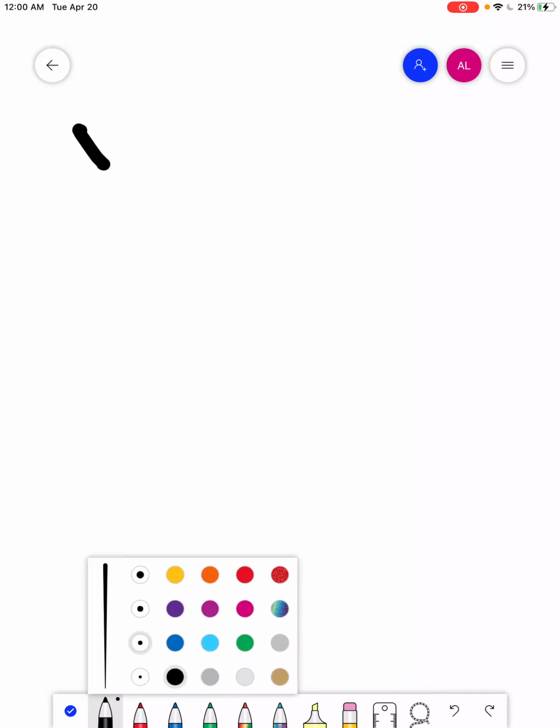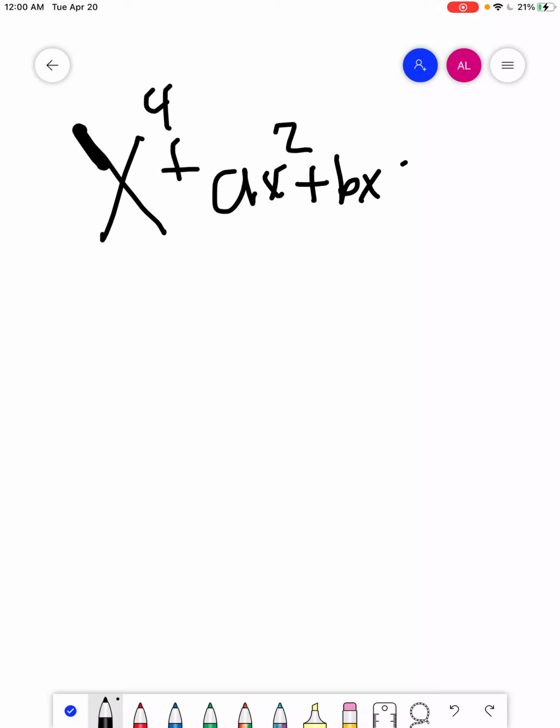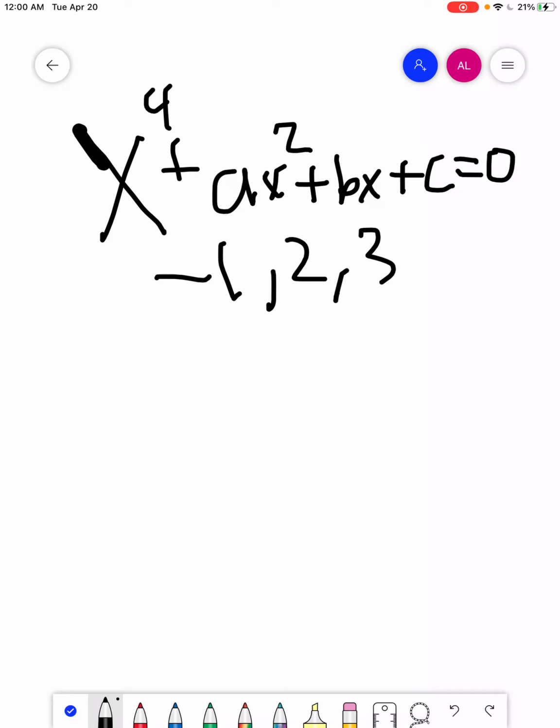Let's say x to the 4th plus a x squared plus bx plus c is equal to 0, and -1, 2, and 3 are 3 roots of this function.